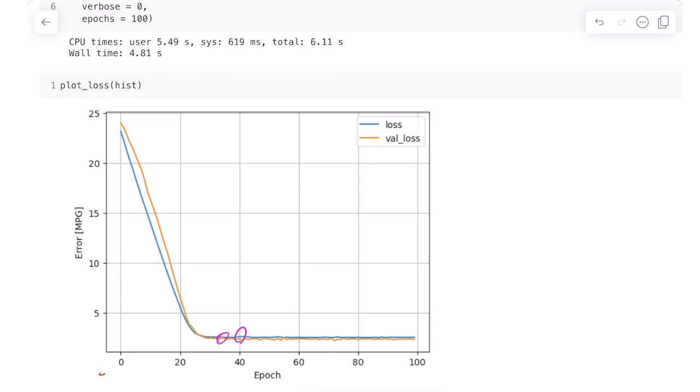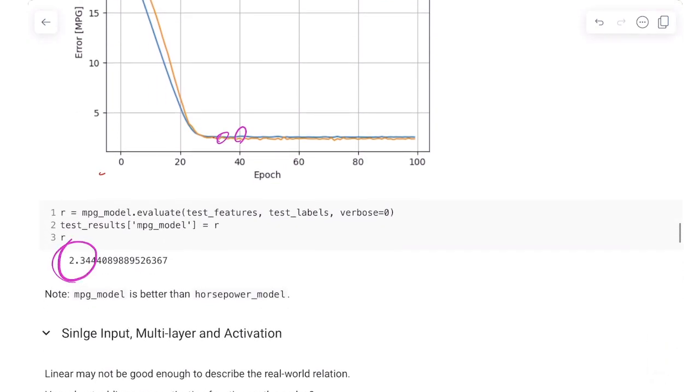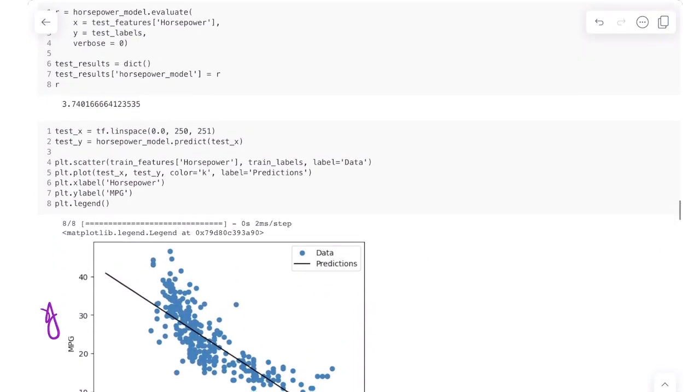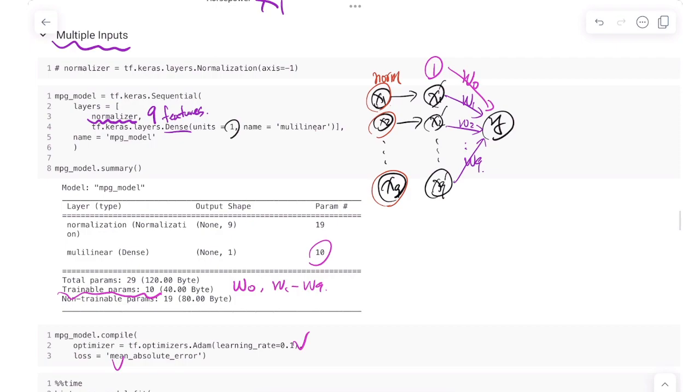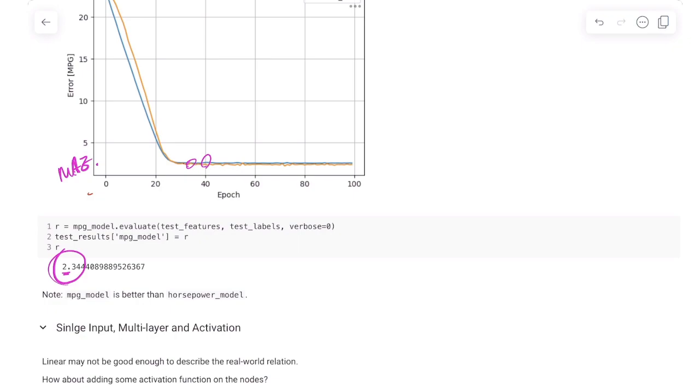So that means we can stop right here. And again, the average MAE is a little bit smaller than the model if you have only one feature. Okay, model 1 has only one feature, but this model 2 has 9 features. So we have a better model to predict the MPG, right?